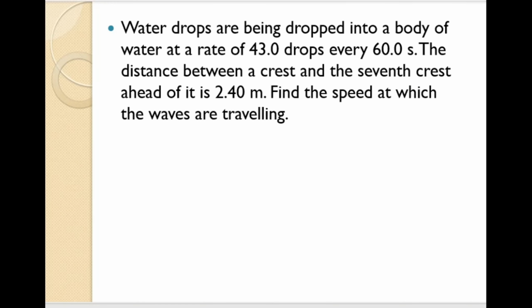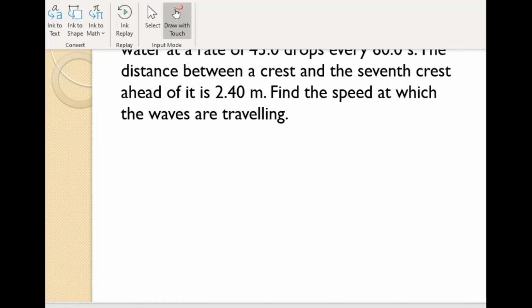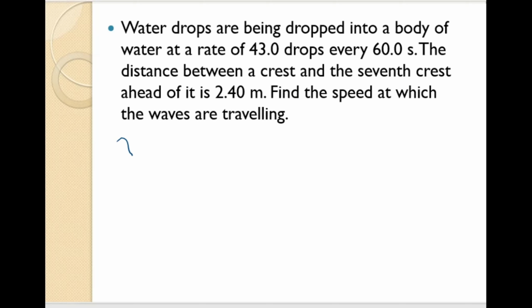The next problem that we have: water drops are being dropped into a body of water at a rate of 43 drops every 60 seconds. The distance between the first crest and the seventh crest is 2.4 meters. Find the speed at which the waves are traveling. So now let's draw the waves.